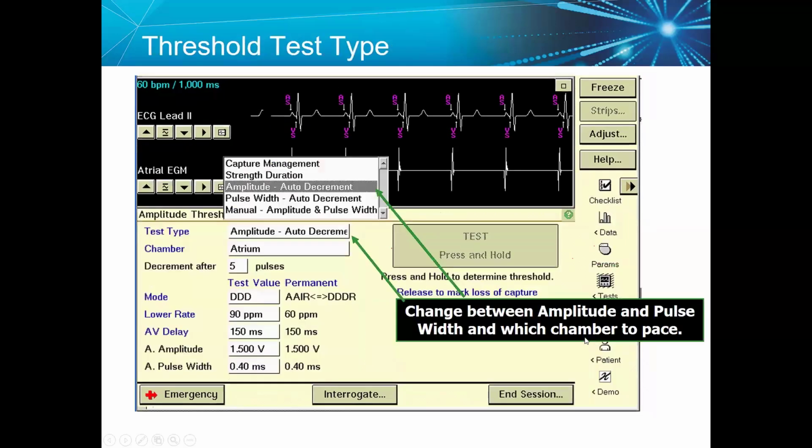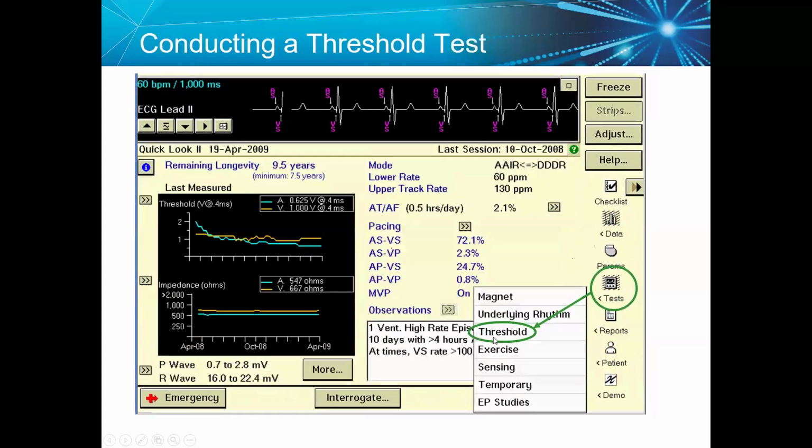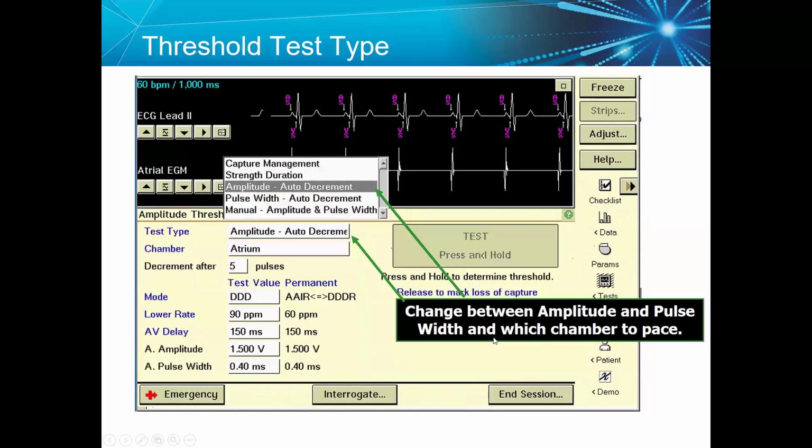We choose threshold, click, and it will give us this screen. We choose amplitude, also we can choose pulse width, also capture management will activate auto capture. So we choose pulse amplitude and decrement after 5 or 3 or 1 or 2, and we choose the mode which will start the capture threshold test.